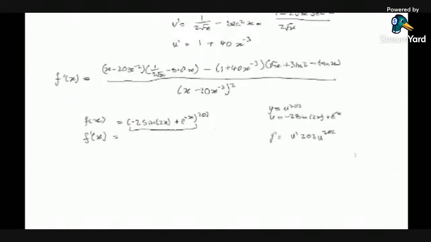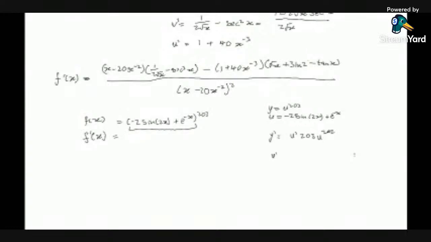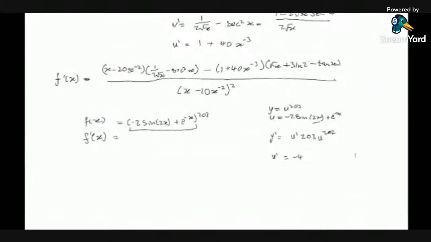And then u prime, when you're deriving this part, you first times this one in front, you derive this, it times the derivative of this one in front, so it gives you negative 4, 2 times 2, because derivative of 2x is 2, and then it gives you sine, not sine, cos, right?